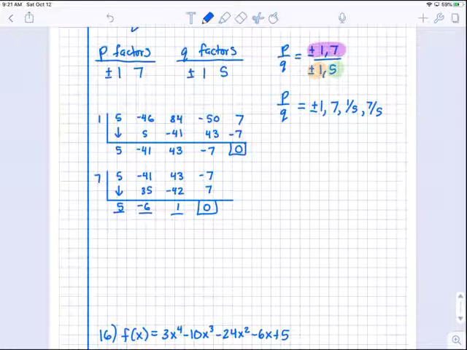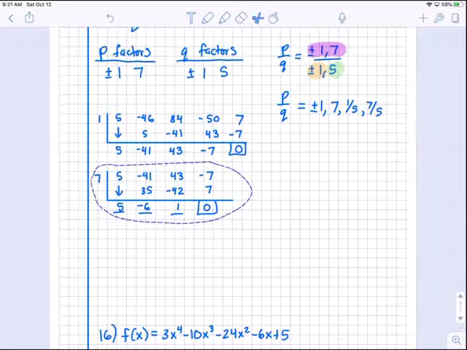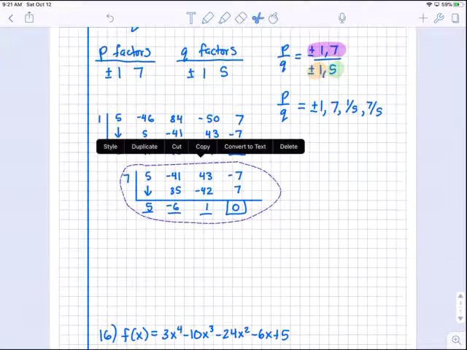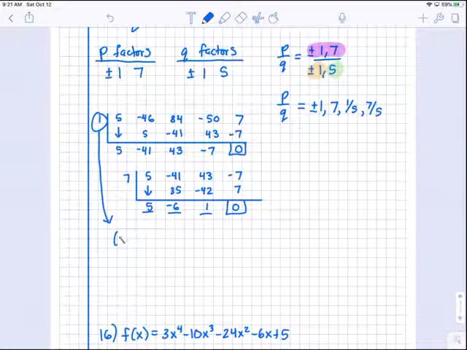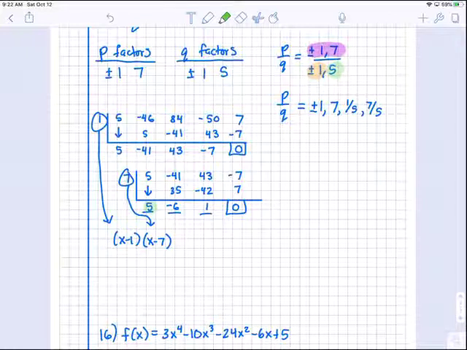So now let's put all of our roots and our polynomials into polynomial form. So this one, remember, is going to be the opposite, so it's going to be x minus 1. This one too is going to be the opposite, so that's going to be x minus 7. And then we're going to put all of these in polynomial form.